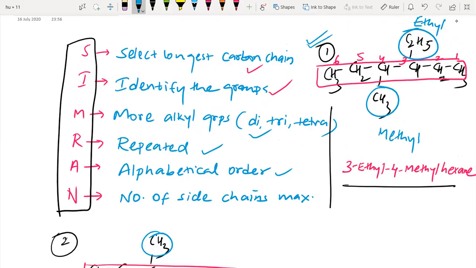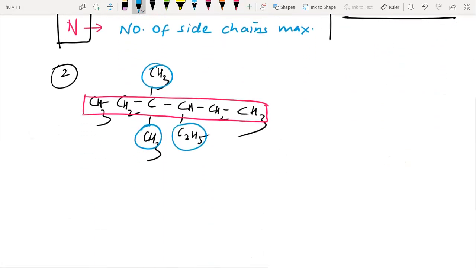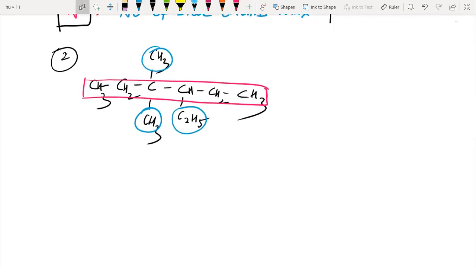Why different here? In number one, we saw ethyl, methyl, alphabetically E comes first, and that's why the minimum number is given to ethyl. But now in this case, what you have to keep in mind is the more branched carbon. See this methyl, methyl. The more branched carbon should get the minimum number. That's why this time we will not consider ethyl first.